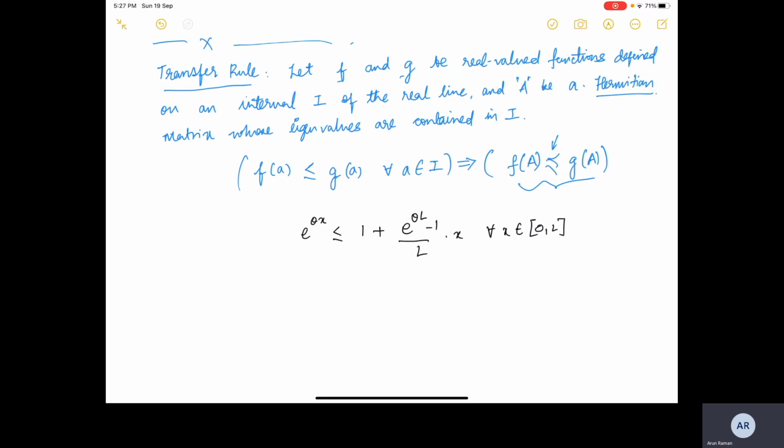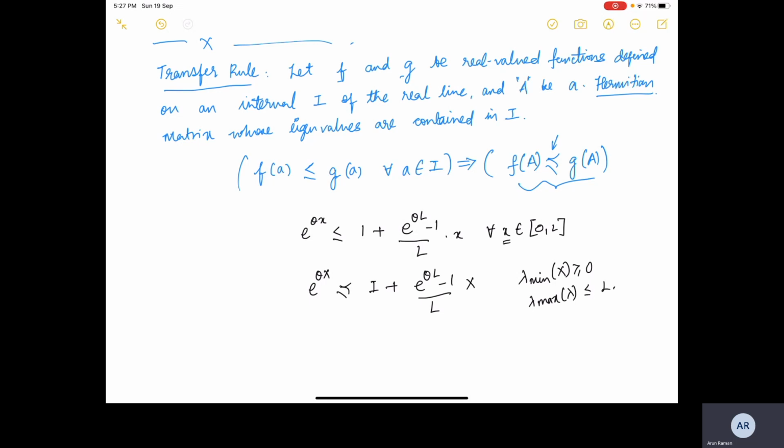Then we said that since this is true for all scalars x in 0 to L, then for a matrix X the same thing will be true, and we had that lambda min of X is greater than or equal to 0 and lambda max of X is less than or equal to L. So this was an application of this transfer rule which we saw in the last class.